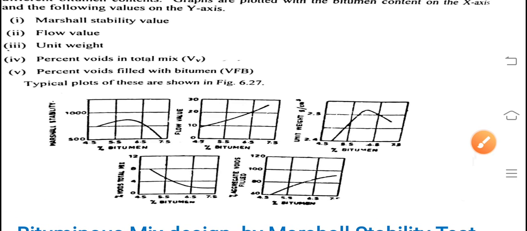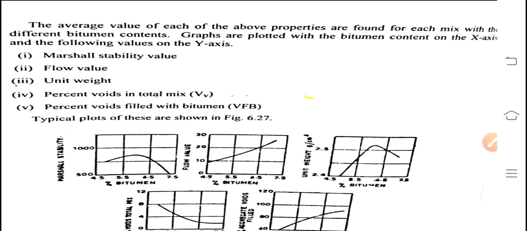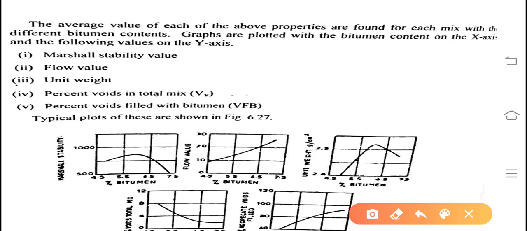Now these are the 5 graphs to be plotted after the test is performed. That means the average value of each of the above properties is found for each mix with different bitumen contents. That means stability, flow value, then bulk density and voids you have to calculate.